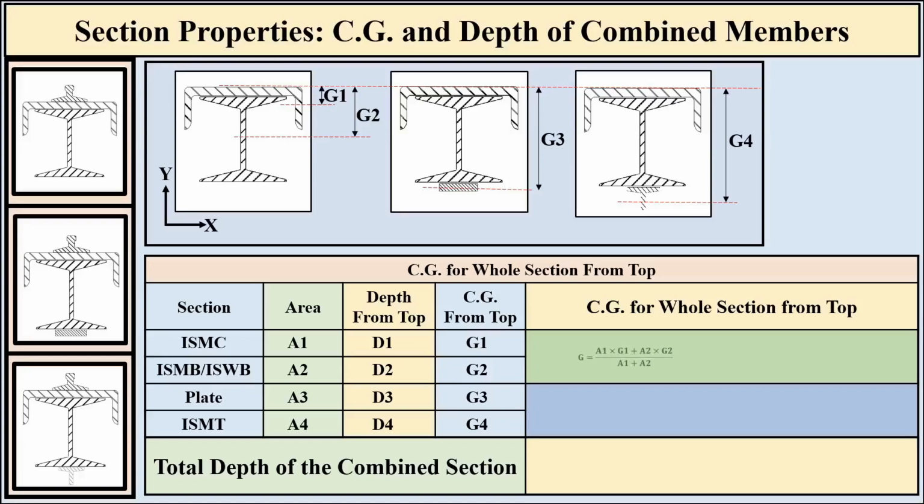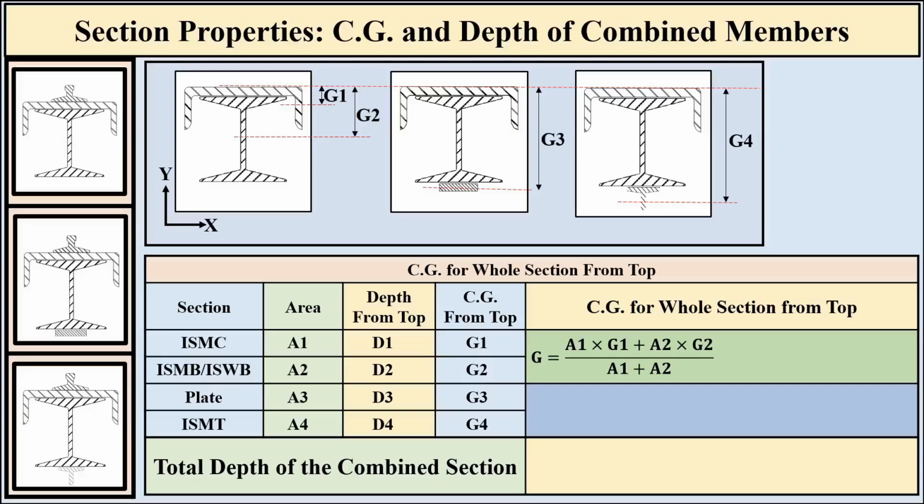For a standard I-beam and channel combination, the formula is A1 multiplied by G1, plus A2 multiplied by G2, all divided by the quantity A1 plus A2.